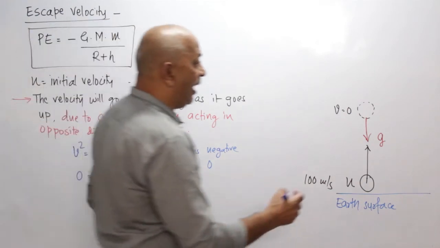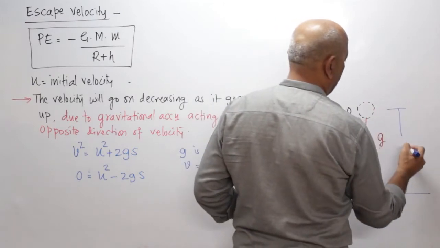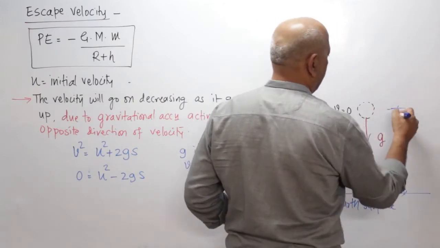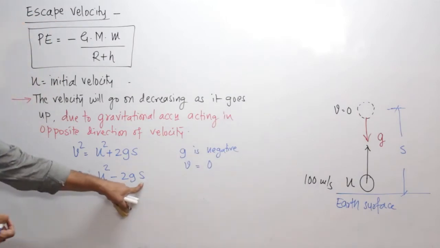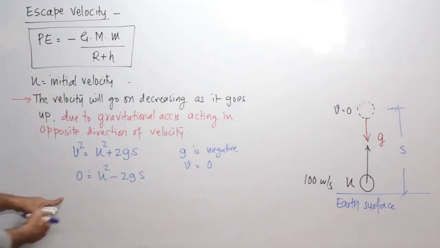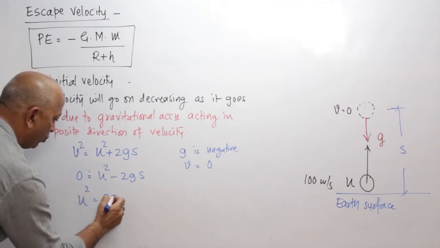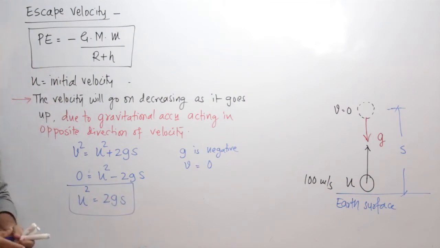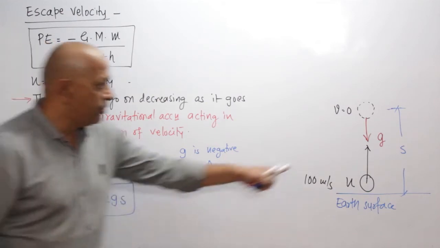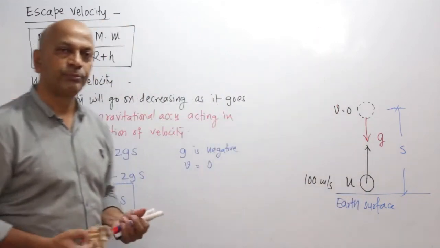So how much height? Yes, this is the height at which it will go, right? If we rearrange, then u square is equal to 2gs. G is acting downward, u vertical.